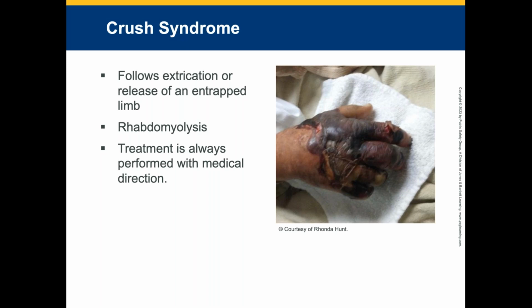Do not apply a compressive device, but they may need something like calcium gluconate, sodium bicarb, or calcium chloride, something that can help push some of that potassium out of the cells. Another thing they can utilize is a significant amount of albuterol. Again, we don't even carry as much as is required, but it is within the protocol to administer 20 milligrams of albuterol inhaled to help push that potassium out of the cells, to help with that crush syndrome and that release.